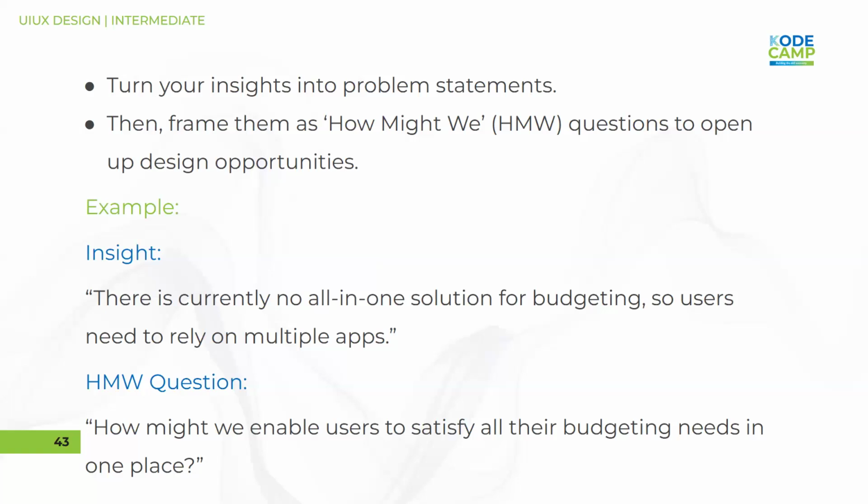So for example, as we talked about in our insight, there is currently no all-in-one solution for budgeting that users can rely on. So the "how might we" question is: how might we enable users to satisfy all their budgeting needs in one place? Okay, not to have multiple applications that they use for this.